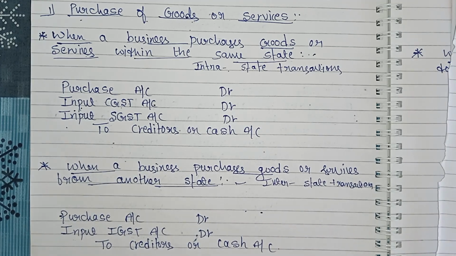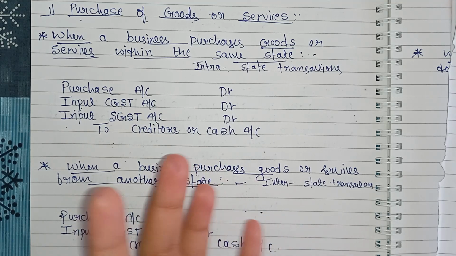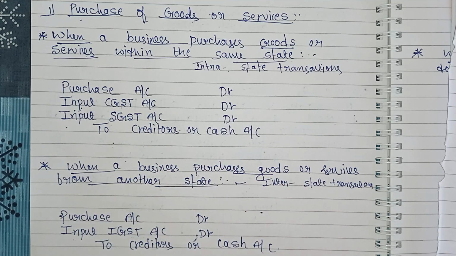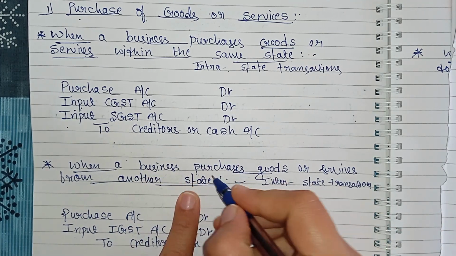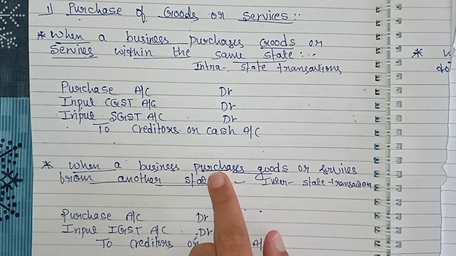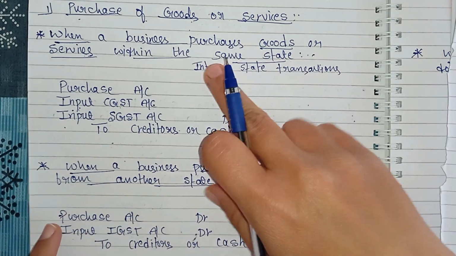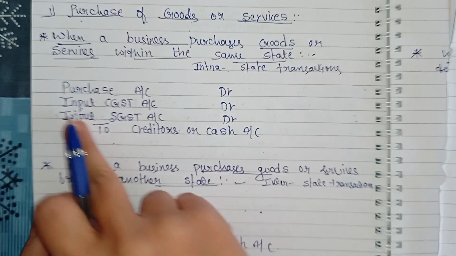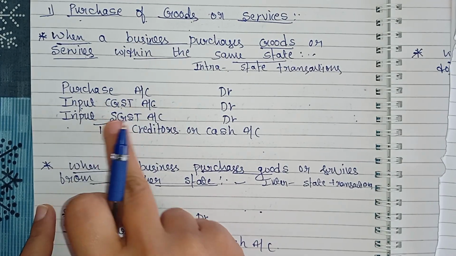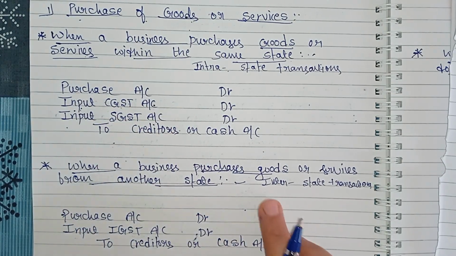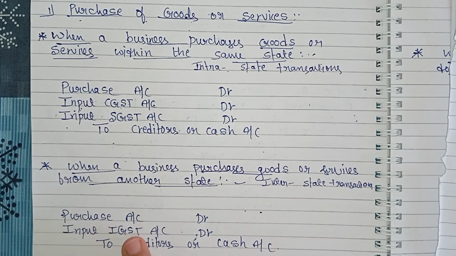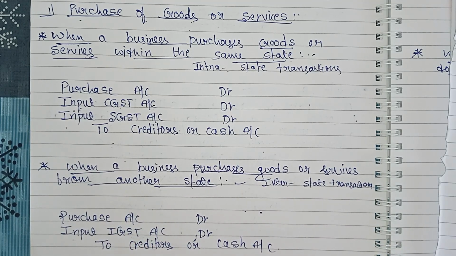Input IGST is an accounting ledger that is used to record the integrated GST paid on purchases made from a supplier located in another state. Fine, this is about purchases. In intrastate transactions, input CGST account and input SGST account will come, and in interstate transactions, input IGST account will come.